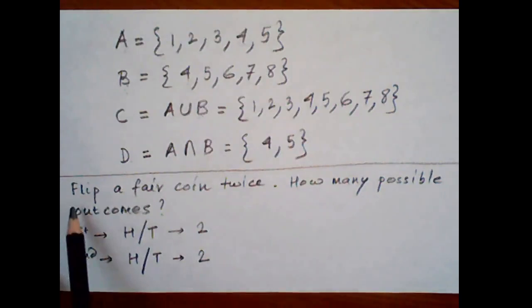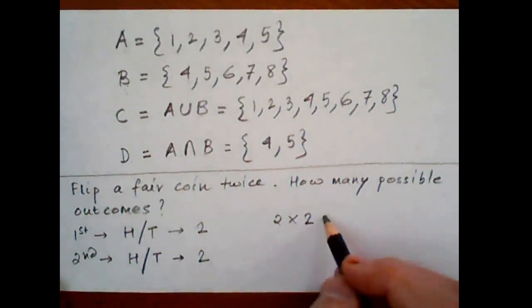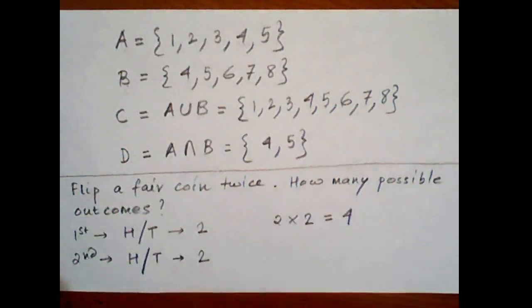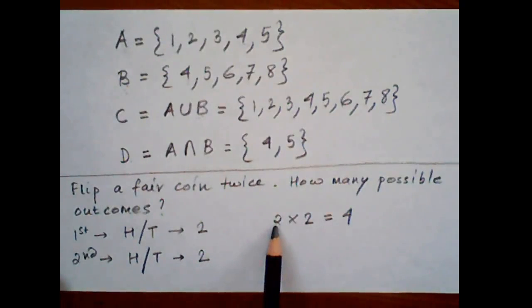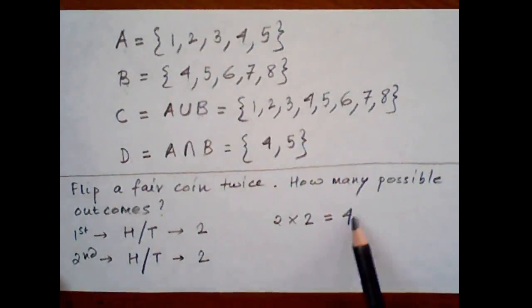So if you flip a fair coin twice, the number of possible outcomes are 2 multiplied by 2, and that is equal to 4. So for each of the two outcomes in the first toss, you have two outcomes in the second toss. And applying the multiplication rule, you get the total number of outcomes to be 4.